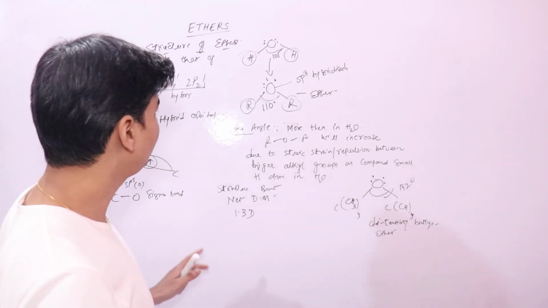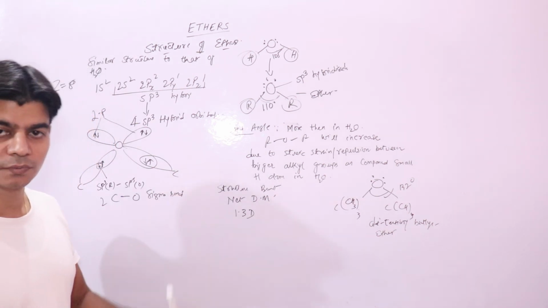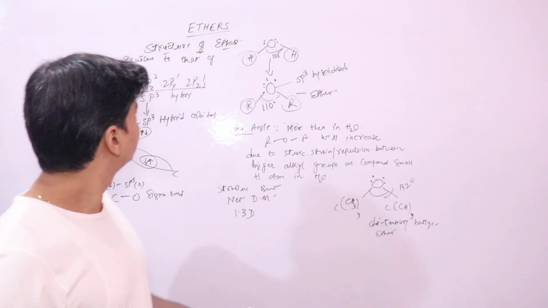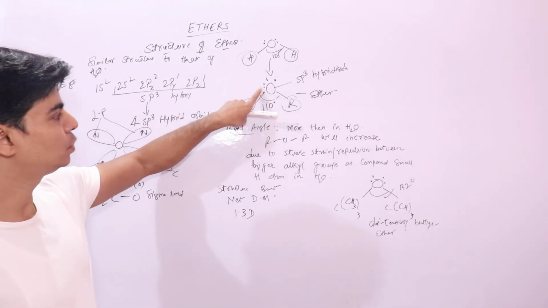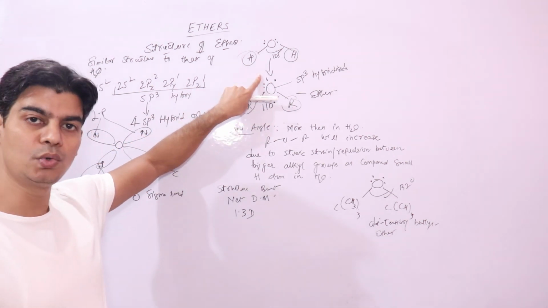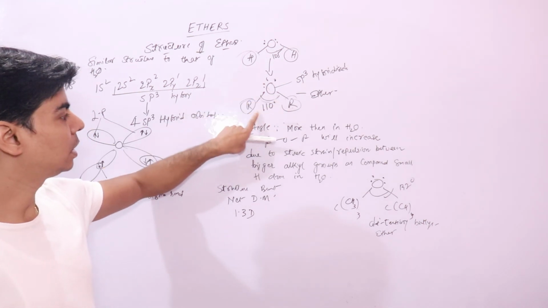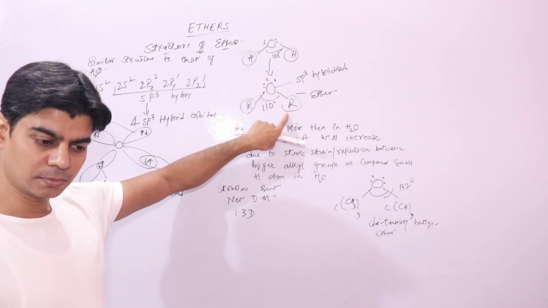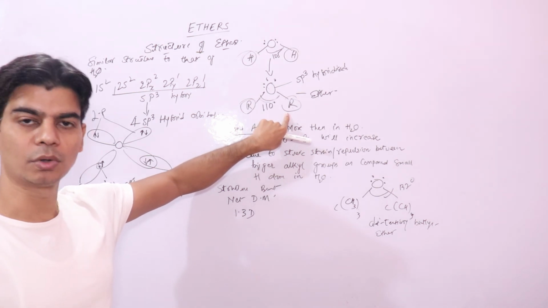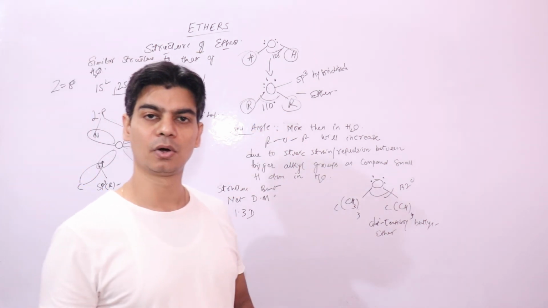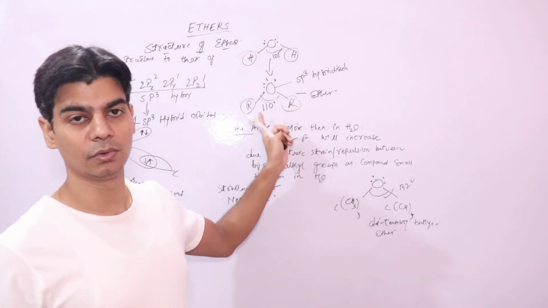So in this lecture we have learnt about the structure of ethers. Just understand the hybridization of the central oxygen atom. It has two lone pairs of electrons which are in two sp3 hybrid orbitals. The other singly occupied sp3 hybrid orbitals are used to make sigma bonds with the sp3 hybrid orbitals of the two alkyl groups.